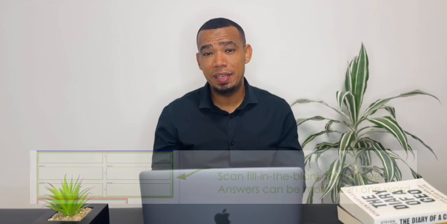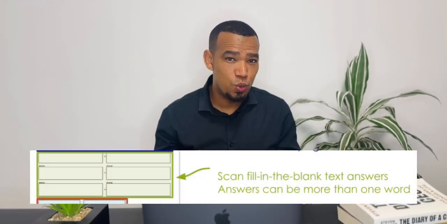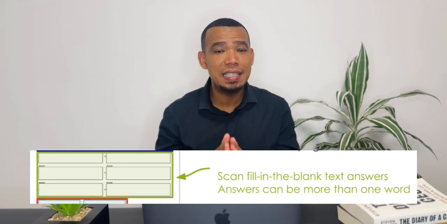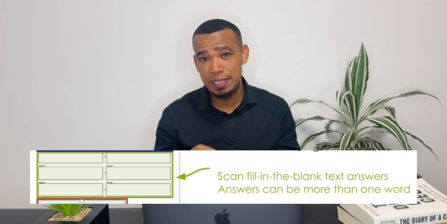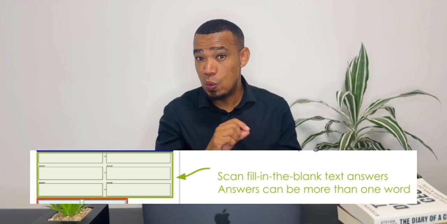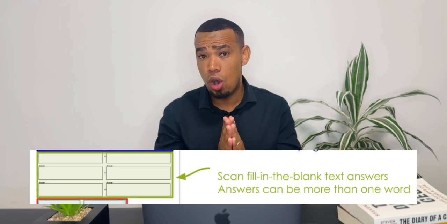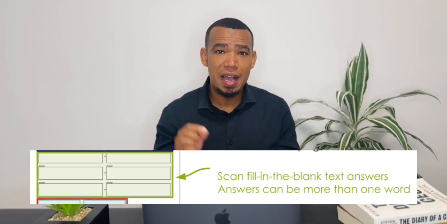The second type is fill in the blank. And this one is very, very good, because learners can actually write in words. Yes, I said words, because they can write more than one word on a piece of paper, and the AI will mark that work. Now, there's a catch.